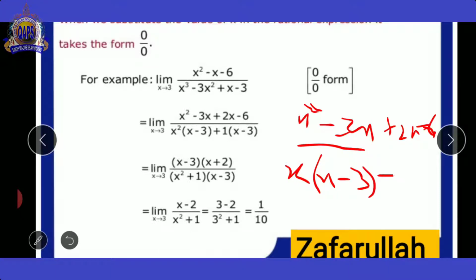When we put 2 common, then x minus 3 is common.